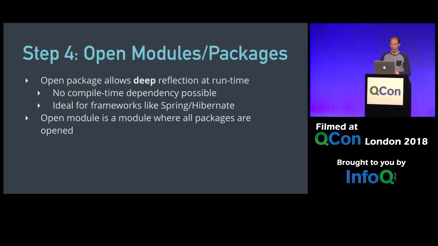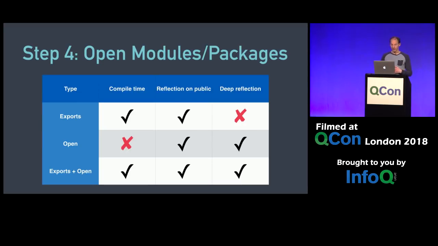And these open modules or open packages allow these libraries to do deep reflection, so also access private fields and other internal details of classes, while still disallowing this at compile time. So an open module is a module where all packages are opened. And if you look at exports and opens, from a compile time and reflection perspective, if you export a package, then it's accessible at compile time for other modules.